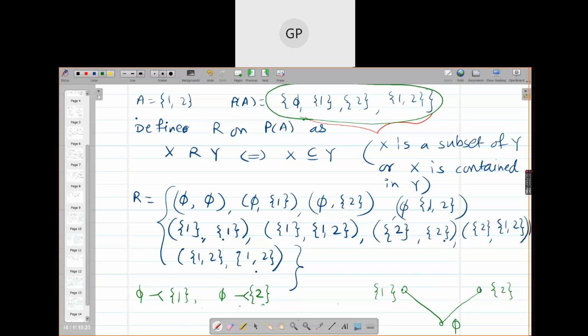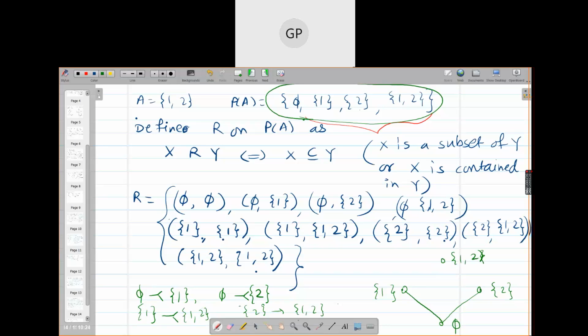Now tell me, singleton 1 is covered by which element? 1, 2. Singleton 1 is covered by 1, 2, and singleton 2 is covered by 1, 2, correct? Because there is no set in between them. So I am writing 1, 2 at the upper position and both of them are covered by 1, 2.